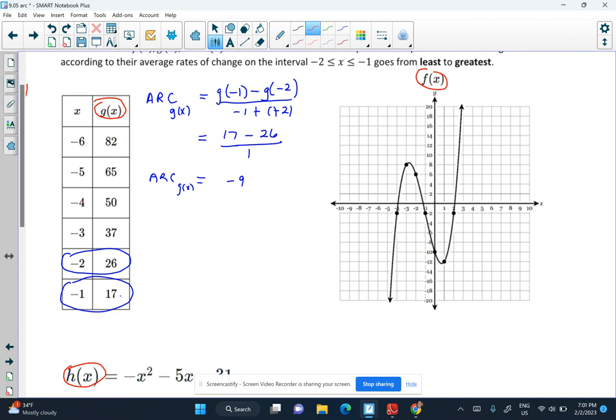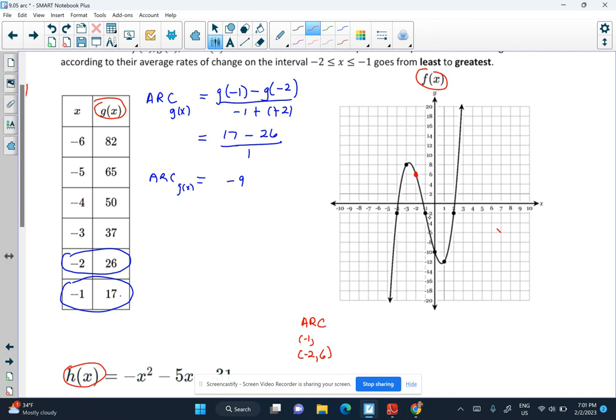I'm going to do f of x, the average rate of change of f of x in red. And again, we're looking from negative 1. So I think I'm going to write down that point to, oh, I'm sorry, I'm wrong. We're going from negative 2, so negative 2 comma 6 to negative 1. And I'm going to put the rightmost point on top.